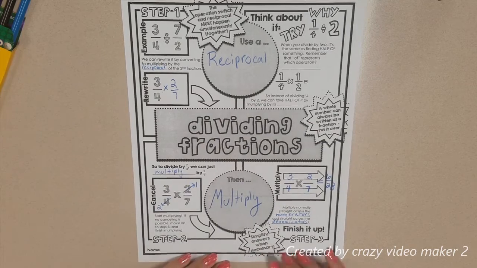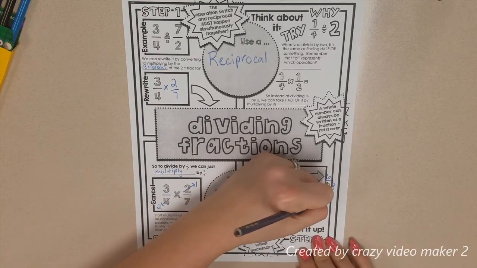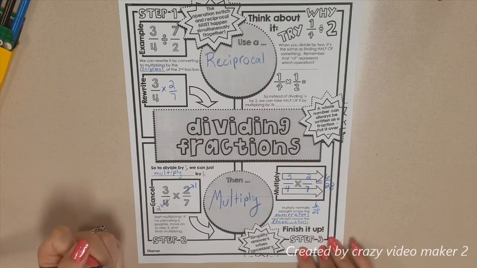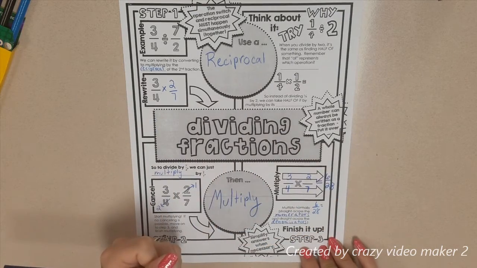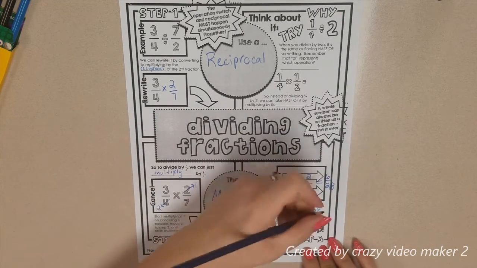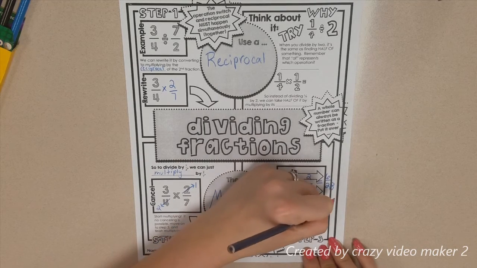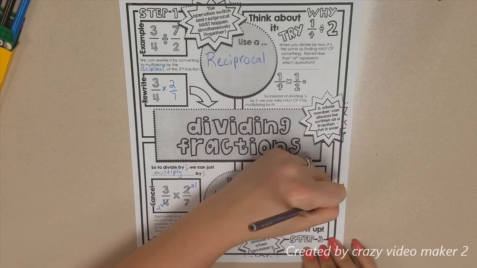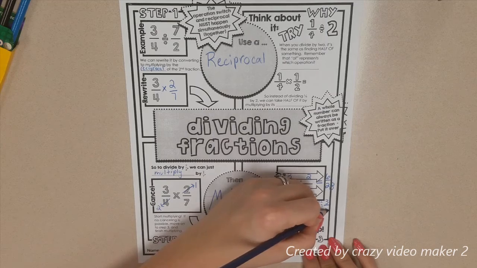All right, and then always simplify when necessary. 6/28. Can we simplify that? We can. We can divide both of them by 2. So divide by 2, divide by 2. That gives you 3/14.